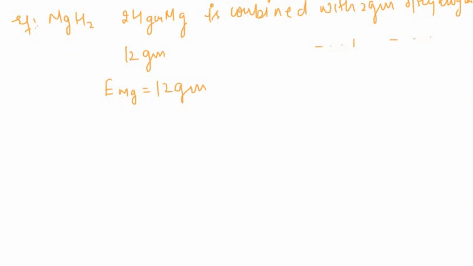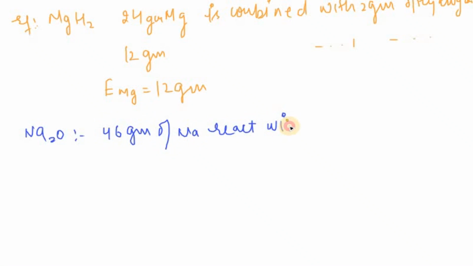Now let's look at one more illustration. Na2O is given, and it is given that 46 gram of sodium reacts with 16 gram of oxygen.